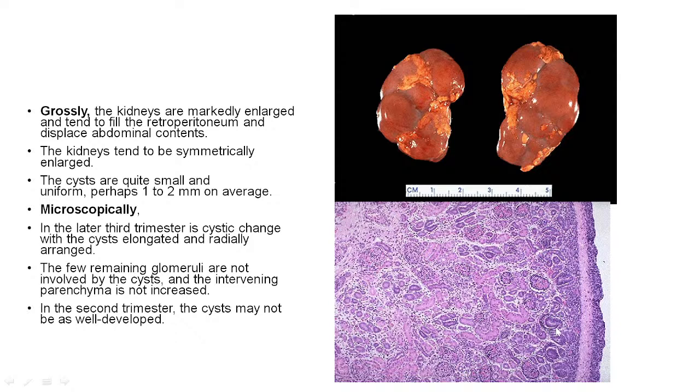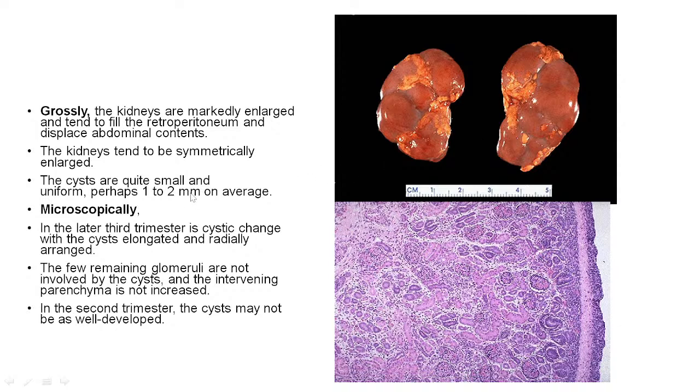So, we can have Z shapes, C shapes, and they are taking a developmental phase. These kidneys are markedly enlarged for the given gestational age or the child's age. They are symmetrically enlarged, both kidneys.